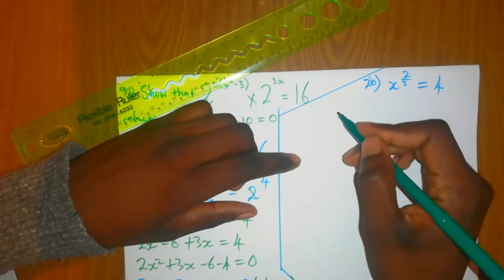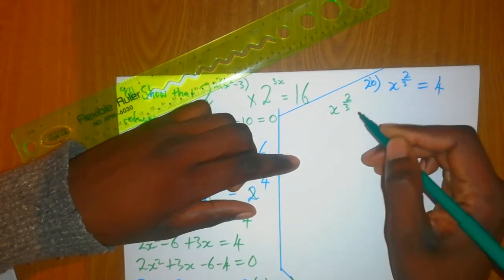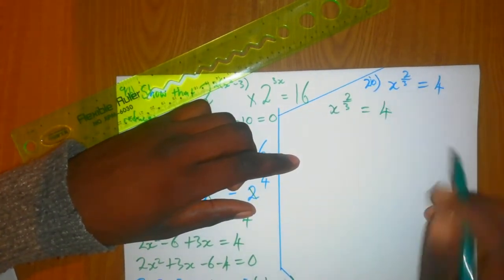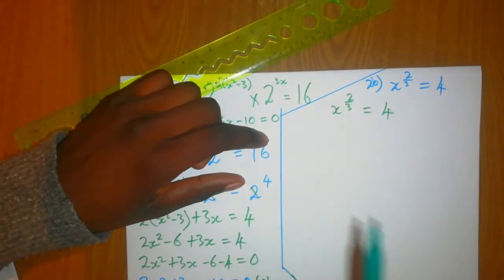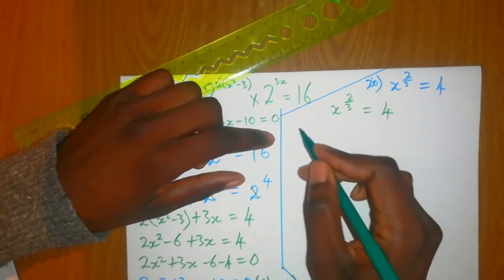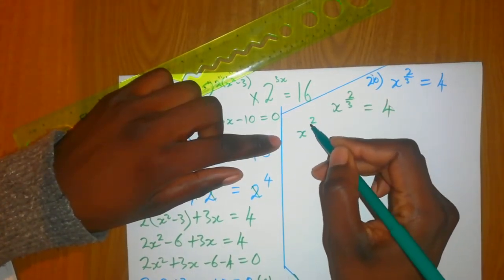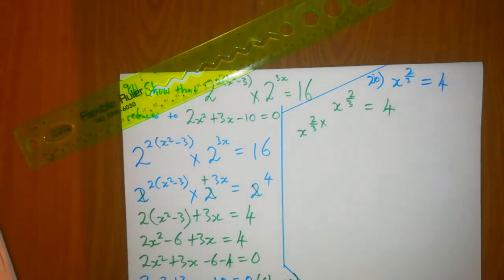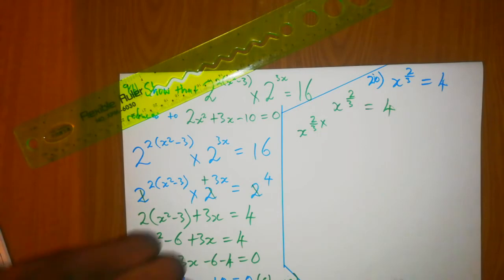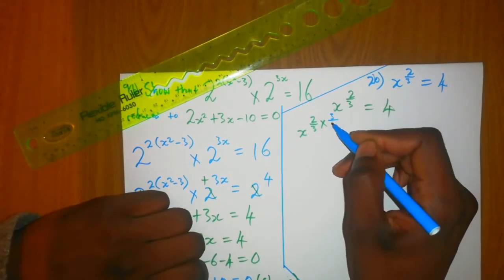In this case, x to the power 2/3 is equal to 4. Now, if you want to eliminate this power, we have to convert it. So I'm going to say x to the power 2/3 times, let me use this different ink so that you see the converted one, times 3/2.